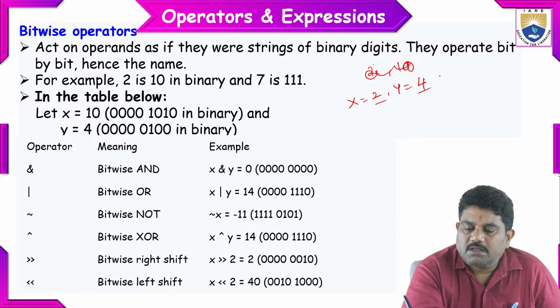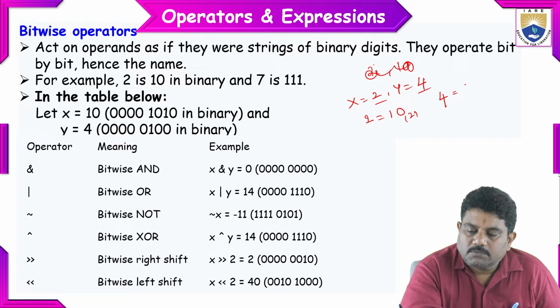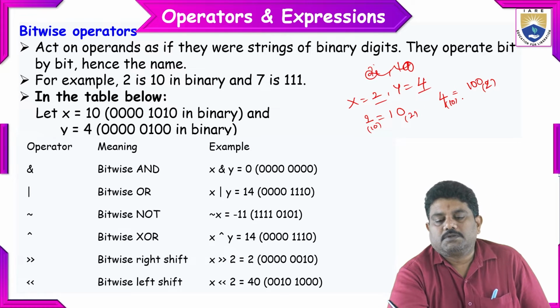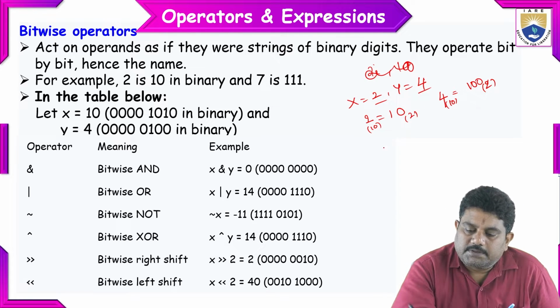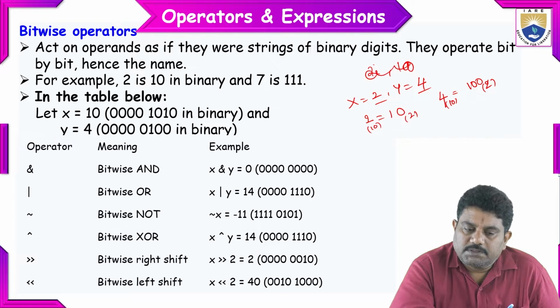These are decimal values. In the numbering system, we also have a binary numbering system. In binary, 2 is equal to 10, and 4 is equal to 100. This is decimal, and this is binary. This is how we can represent them in binary. So if you want to perform any operations in binary format, we go with the bitwise operators.